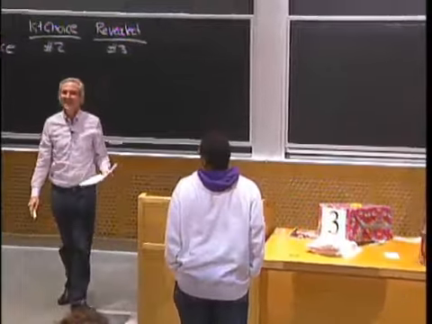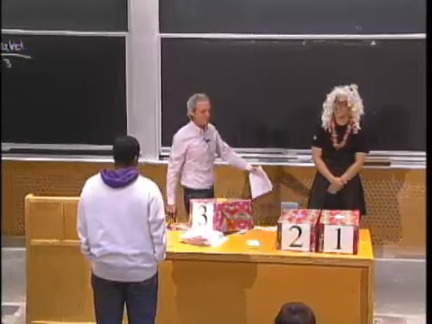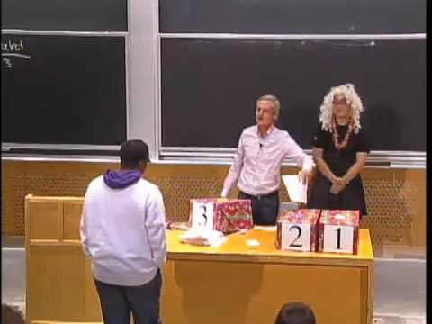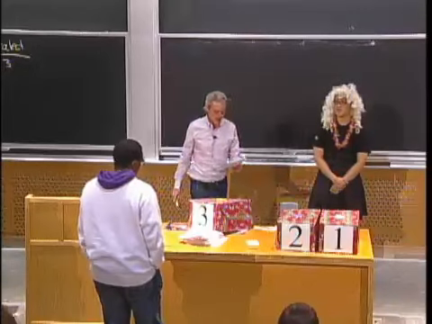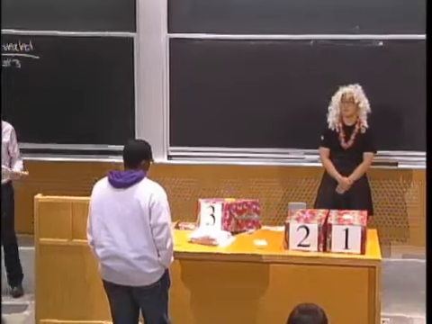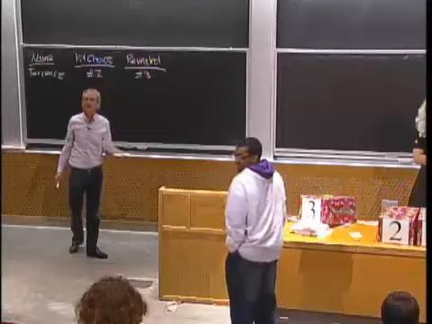Okay. All right. Now, Terrence, as you know, one of these has the gift certificate. One of them has another pocket protector. And now you got to decide, are you going to stick with number 2 or are you going to switch? In fact, class, Terrence may need some help here figuring this out.